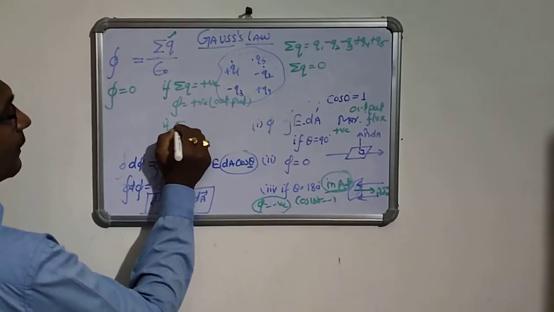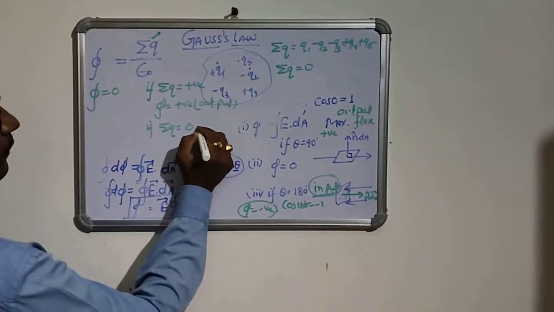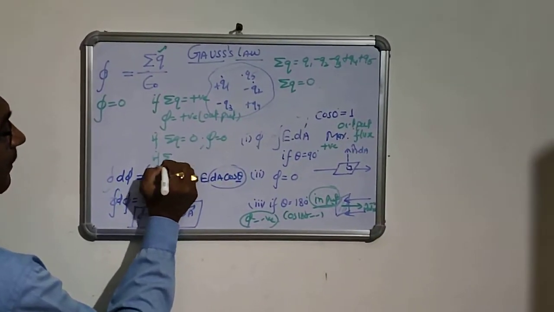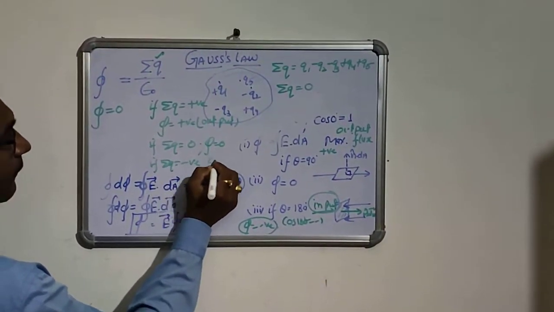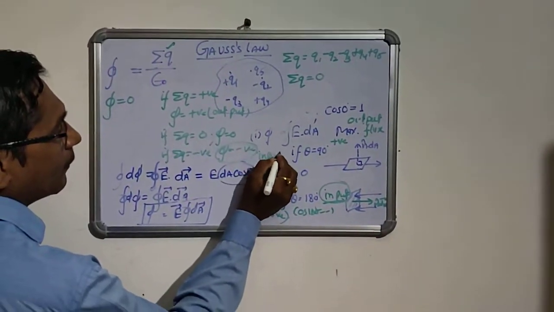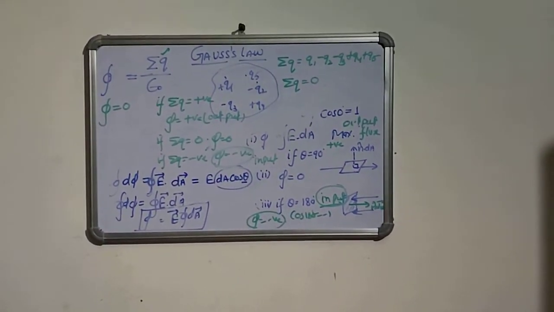If sigma Q is equal to 0, then flux is 0. If sigma Q is negative, then flux is negative or input flux. Okay, this is the statement of Gauss law.